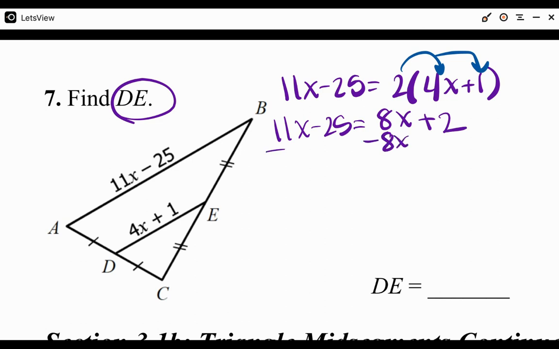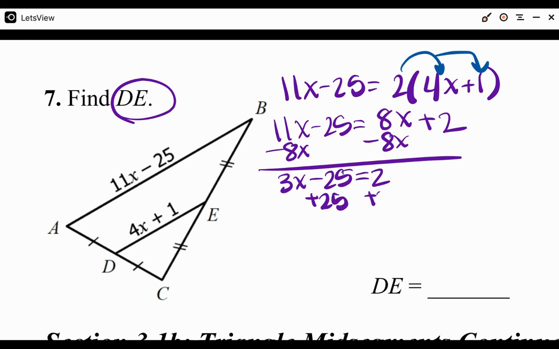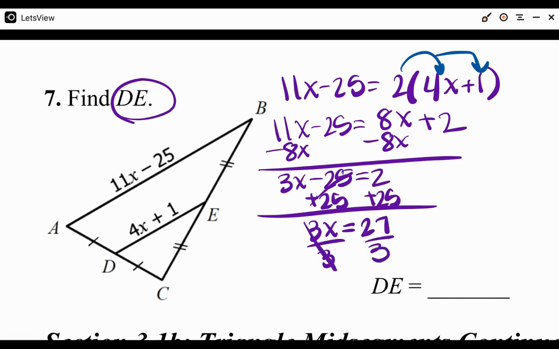Minus 8x on both sides, so we get 3x minus 25 is equal to 2. Add 25 on both sides, so we get 3x is equal to 27. Divide by 3. We get x is equal to 9.